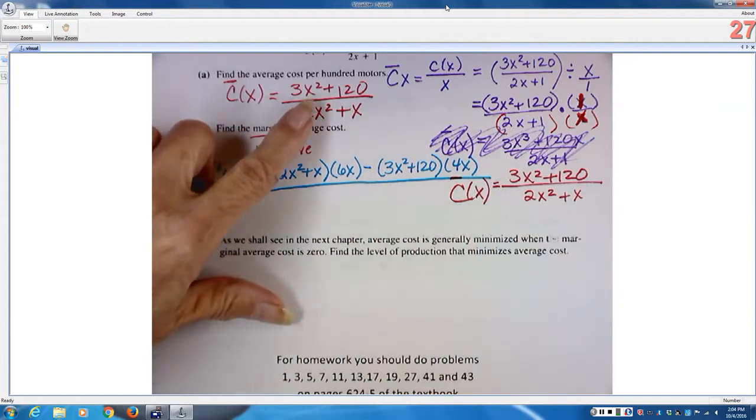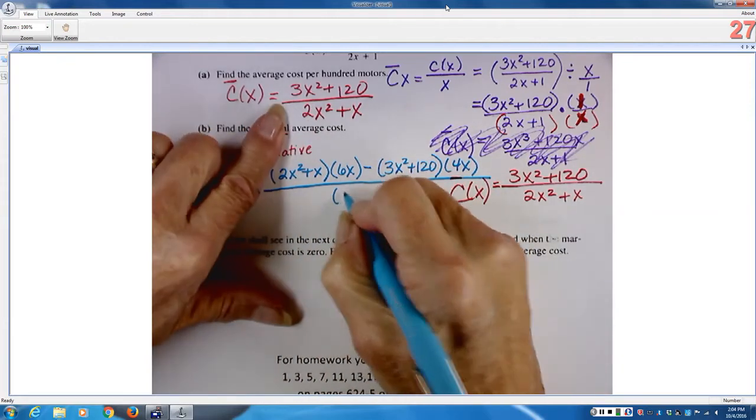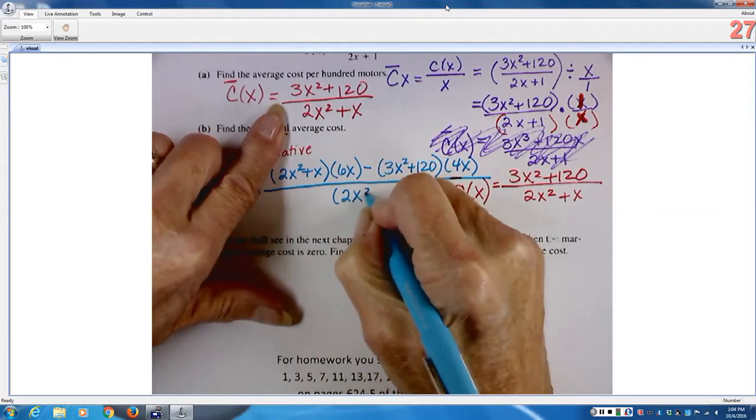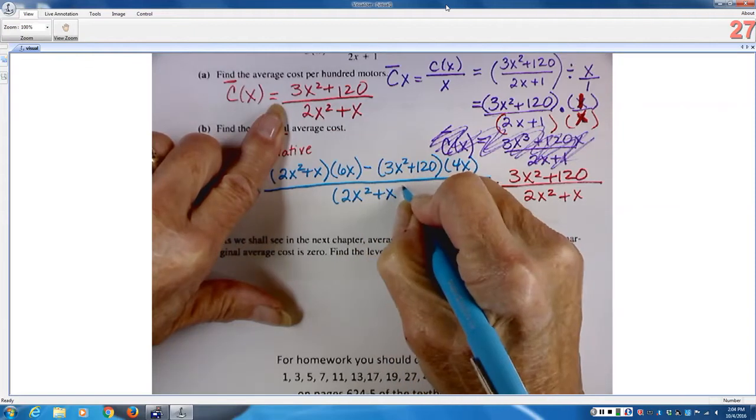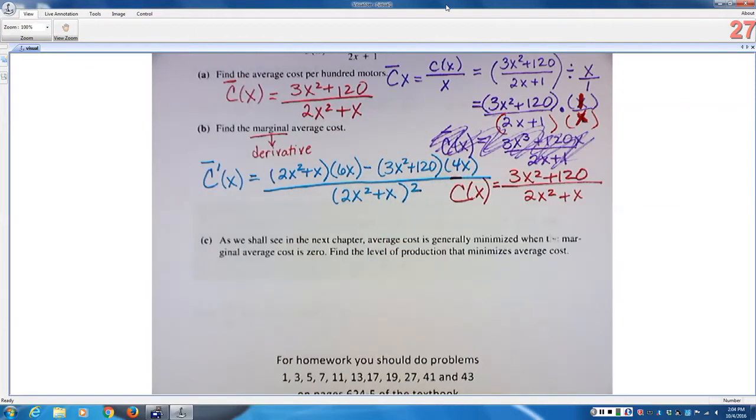And then we're going to take the existing denominator and square it.